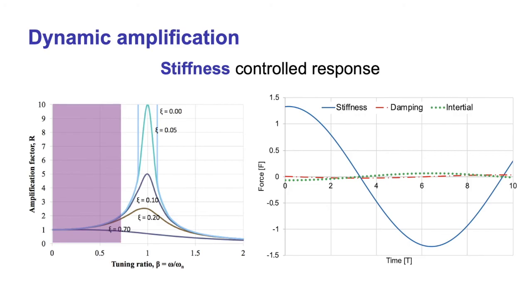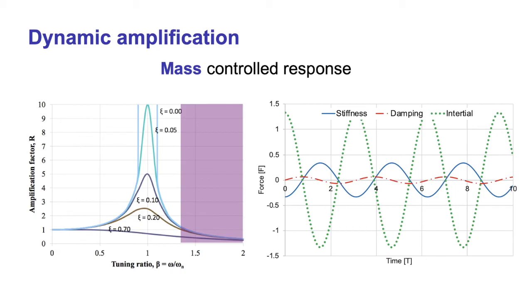Looking at the relative contribution of the inertial force, damping force, and stiffness force in the time domain for a beta equal to 0.2 presented on the right, you can appreciate that the inertial and damping forces are low due to the low levels of acceleration and velocity. As a result, almost all the forcing load is balanced by the force in the spring. If you were to operate over the dynamic response of such a system, you should consider first modifying its stiffness.